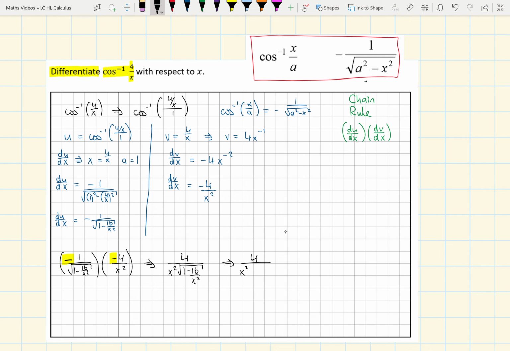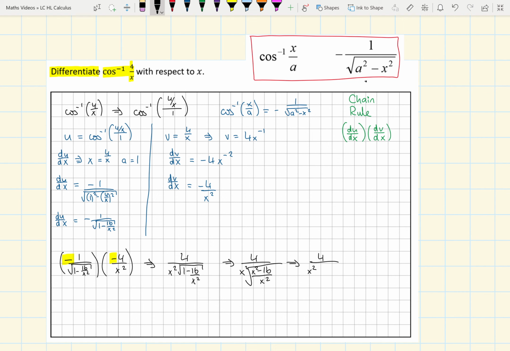So that'll be x squared over 1 minus 16 all over x squared. We can apply the root to the top and the bottom. We apply, we get x squared minus 16.